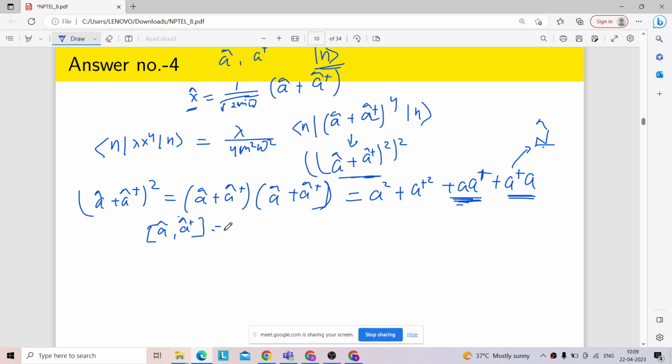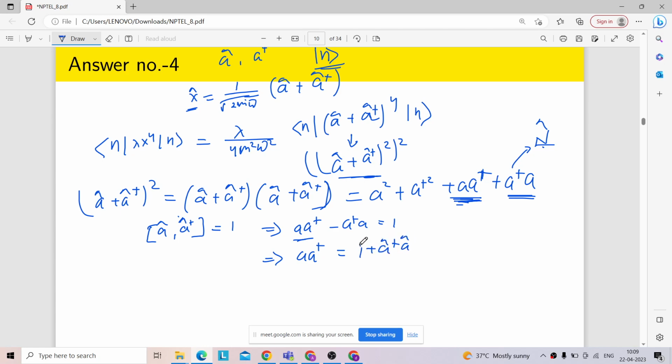This is simply 1. So this gives a a† minus a† a as 1, and from this relation we can find that a a† is 1 plus a† a.